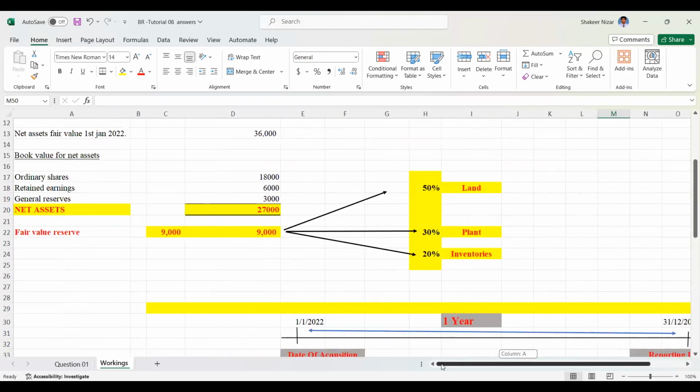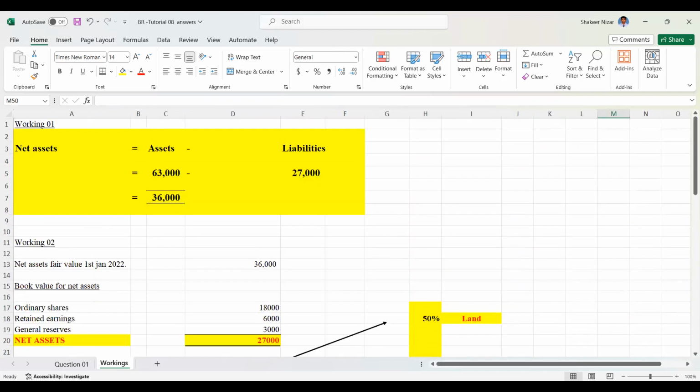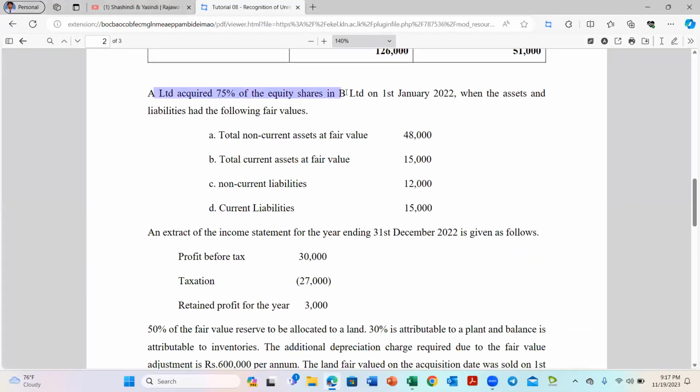As per the first adjustment, A acquired 75%. We know that 25% goes to the NCI. At the acquisition date, the non-current asset is given as 48,000, the current asset is 15,000, the non-current liability is 12,000 and the current liability is 15,000.